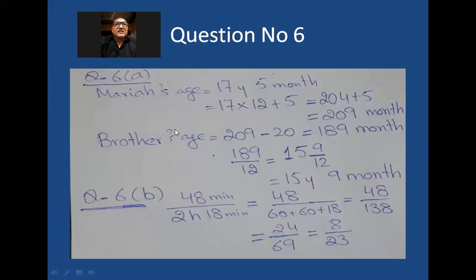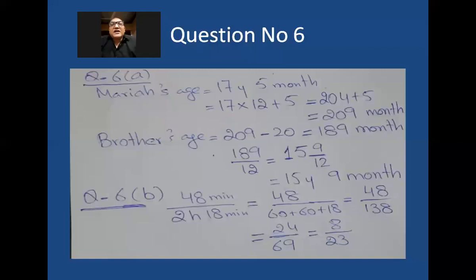I mean, to write them as a ratio, if you want to simplify this, they should be in the same units. So 48 minutes is fine. For 2 hours 18 minutes, I will convert the hours into minutes. 60 minutes are there in one hour. So 60 plus 60 plus 18. So it will be 48 divided by 138.